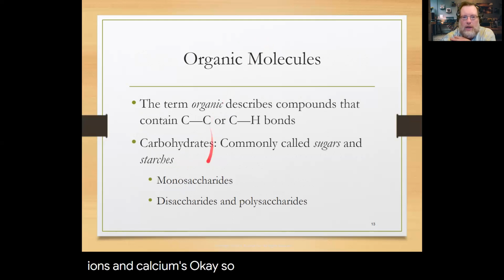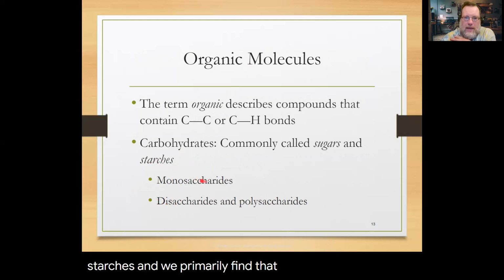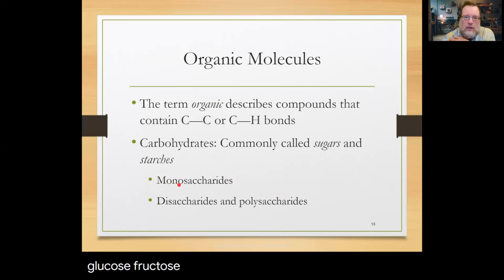Okay, so the organic group, we're going to see carbs, lipids, and proteins. Carbs are your sugars and starches, and we primarily find that term saccharide when we look at carbohydrates. So the idea is we want to allow our mitochondria to have some monosaccharides. Glucose, fructose, and galactose are the main monosaccharides.